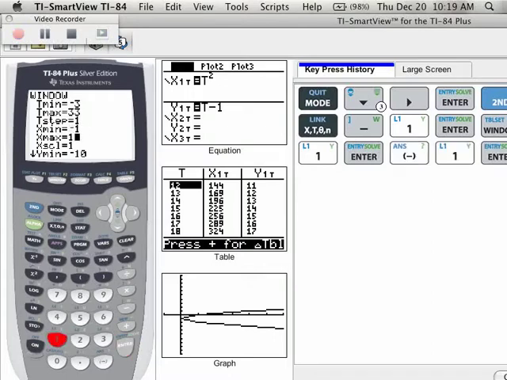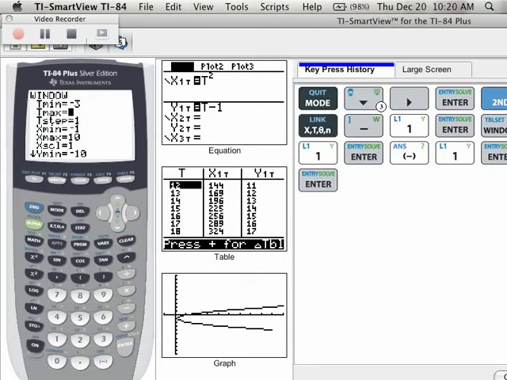Did you want them to be 33? I did not. Thank you. And my y minimum value from my table was negative 4.